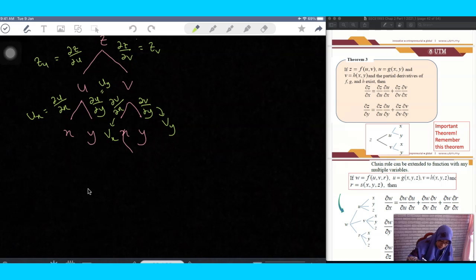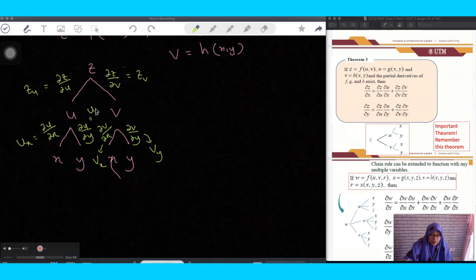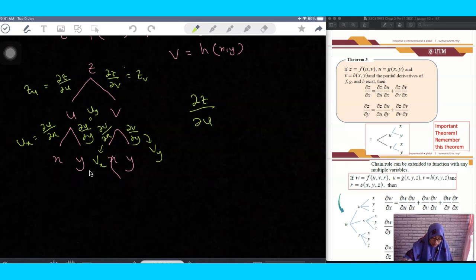Now, because you have two variables here, your lowest parameters, there are two. So you cannot just have del z del x only, because this is partial, right? You have two parameters.